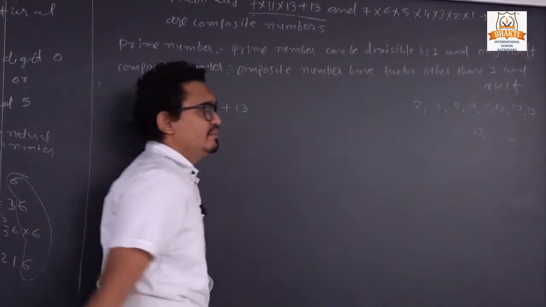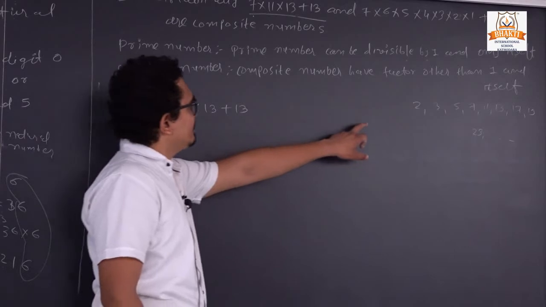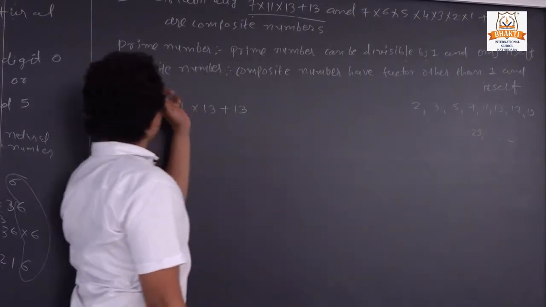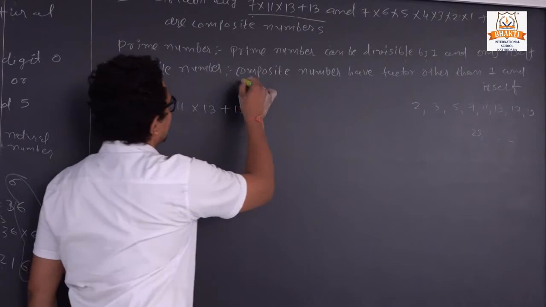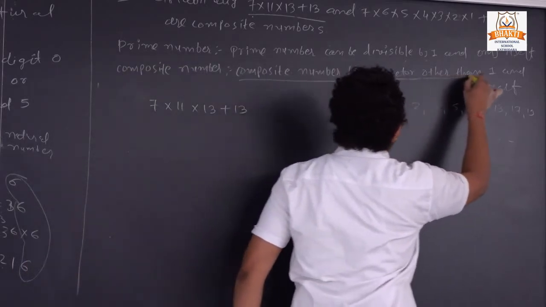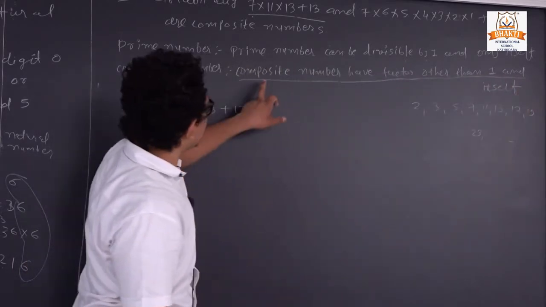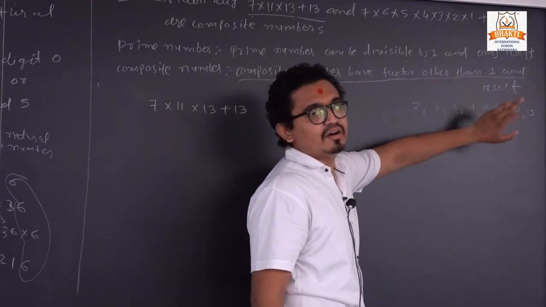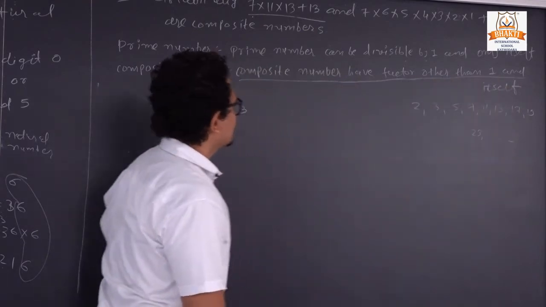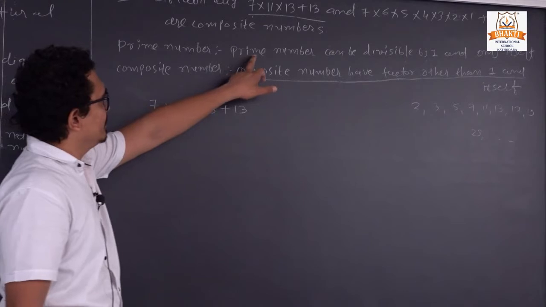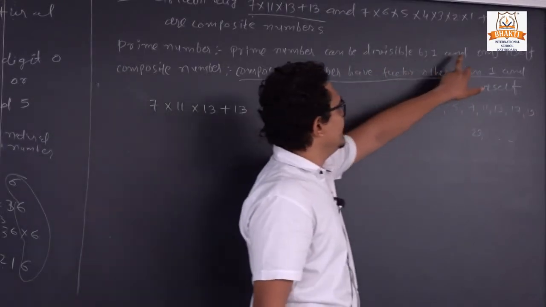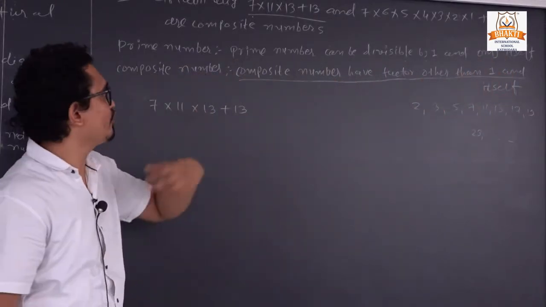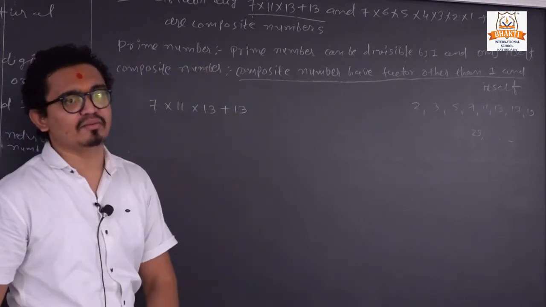These all are prime numbers because they are divisible only by 1 and the number itself. But what is a composite number? Here we are giving its definition. Composite numbers have a factor other than 1 and the number itself. So a prime number is divisible only by 1 and the number itself, and a composite number has one more factor than the prime number.